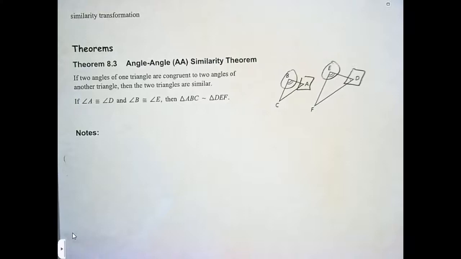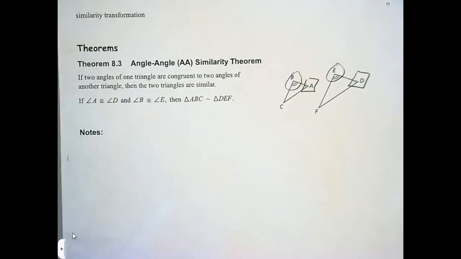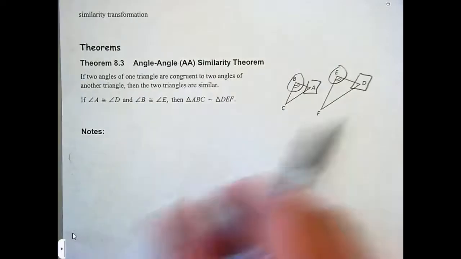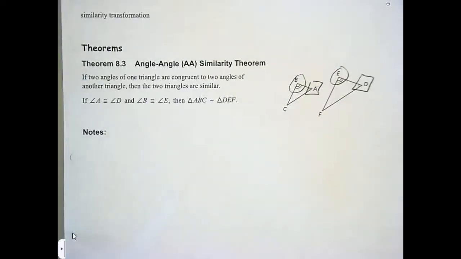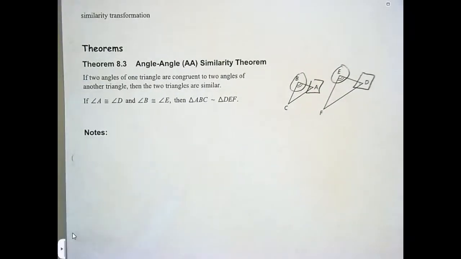Okay? Now, as we talked about today in our warm-up, that is not true in a quadrilateral, right? Think of a rectangle versus a square. Okay? But it is true with a triangle. Any questions there? All right.